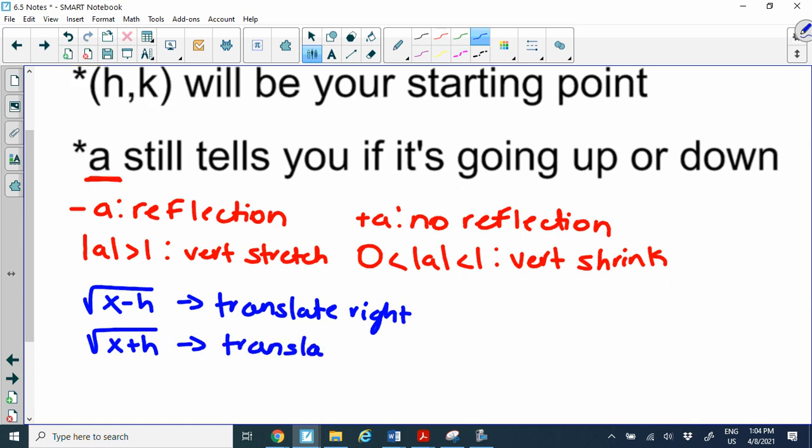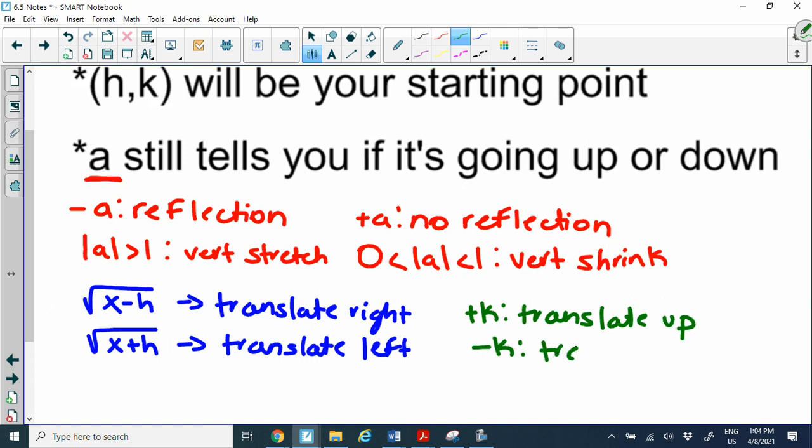So that means we move our graph side to side. And then here, if we have a positive k value, that means we move our graph up. So we say translate, that's like the key vocabulary there. But if we have a negative k value, that means we move our graph down.